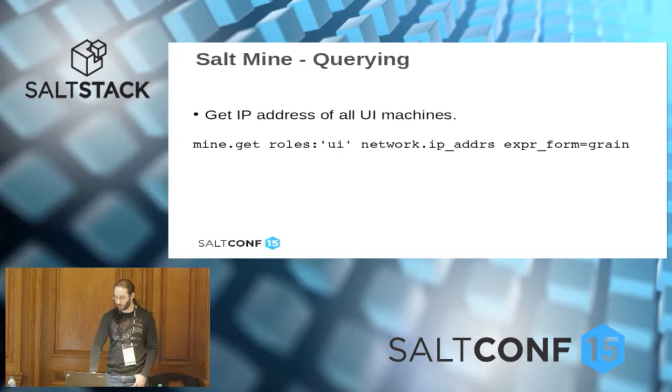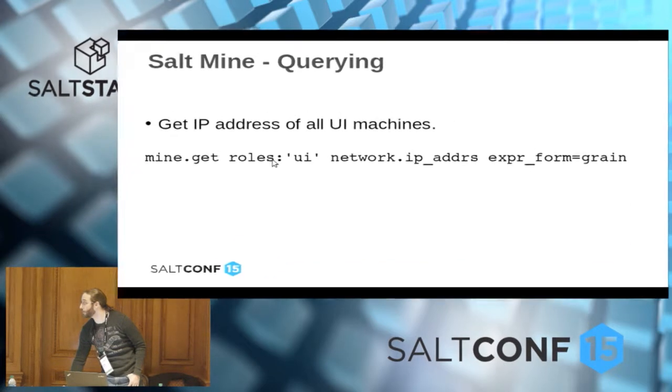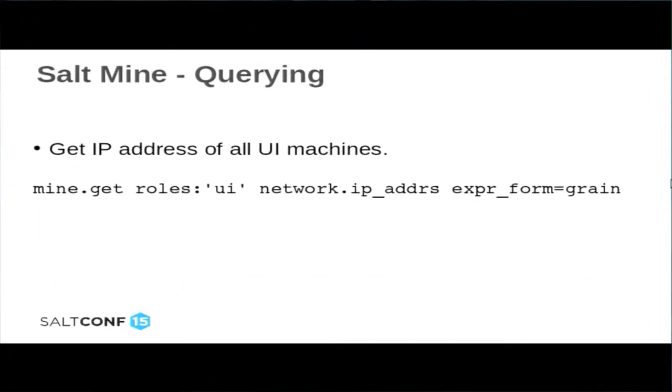And we'll notice the optional final parameter there. The default targeting method for mine calls is your classic globbing, just star, UI star, or something like that. But since we have our custom grains, we can target them by grains, just like we do on the command line, which is why for the last parameter, expression form, we say grain. Target on that instead.